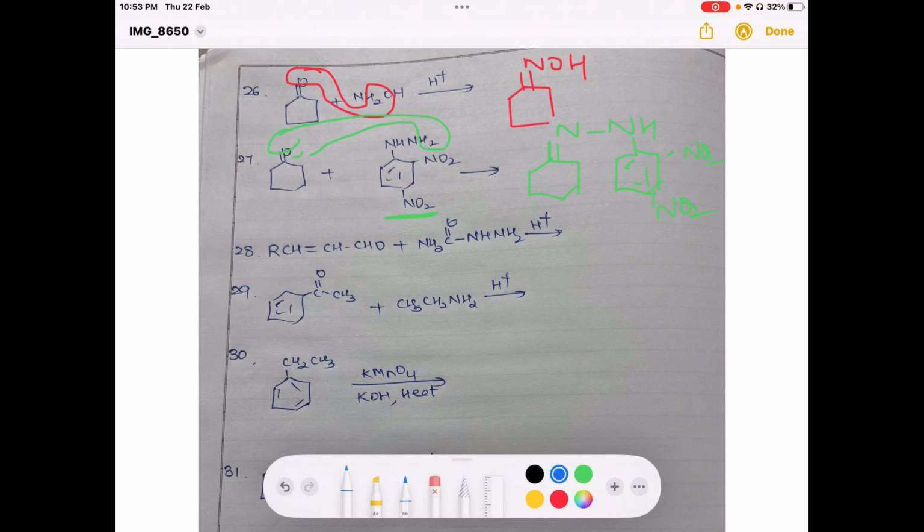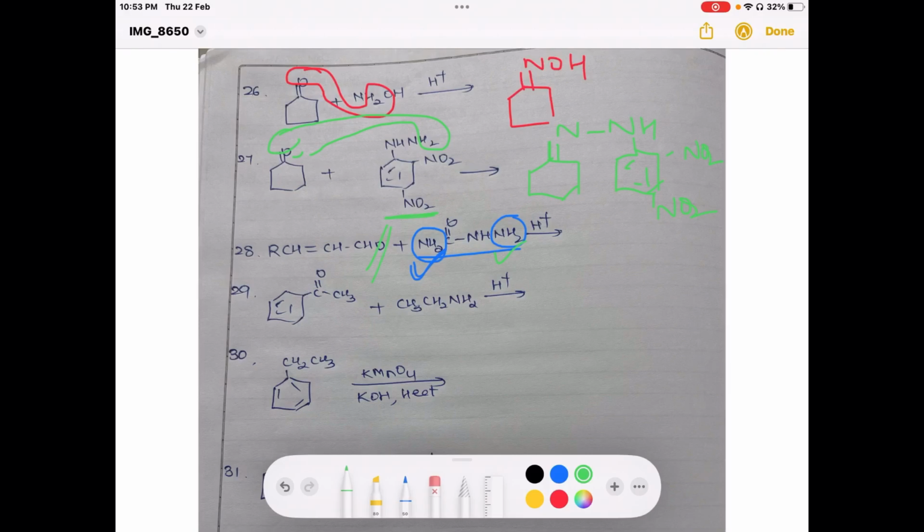Next we have aldehyde with semicarbazide. It has two amino groups. This one is involved in resonance, so it doesn't participate in the condensation reaction. This one is a free amino group.